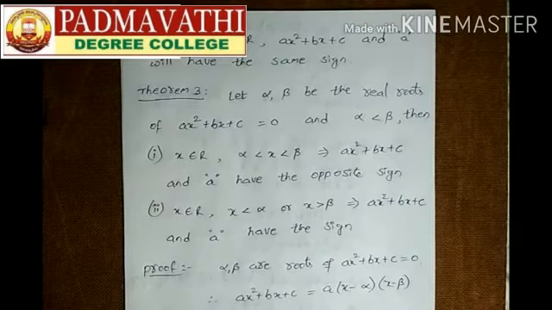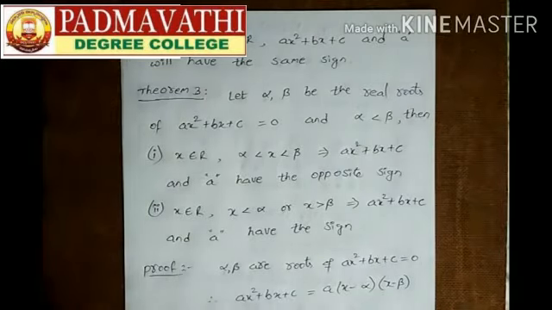And the second case, for all x belongs to R with x less than alpha or x greater than beta, means we are considering the expression value outside the two roots, less than alpha and greater than beta. Then ax square plus bx plus c and a have the same sign. So we need to prove these two conditions.